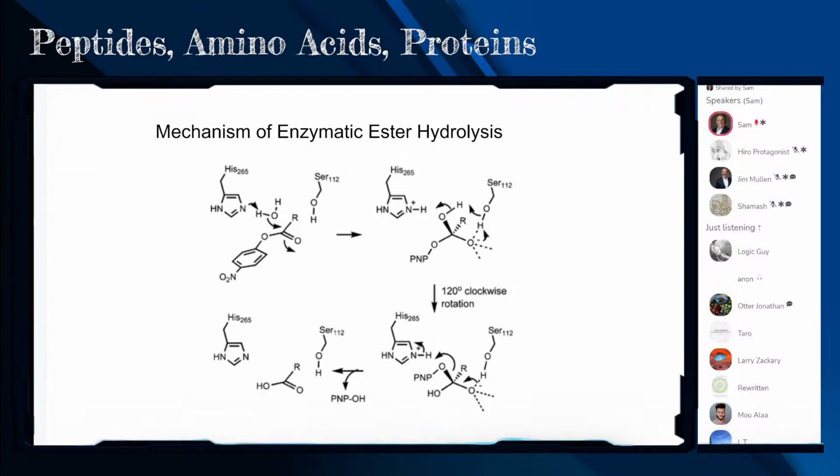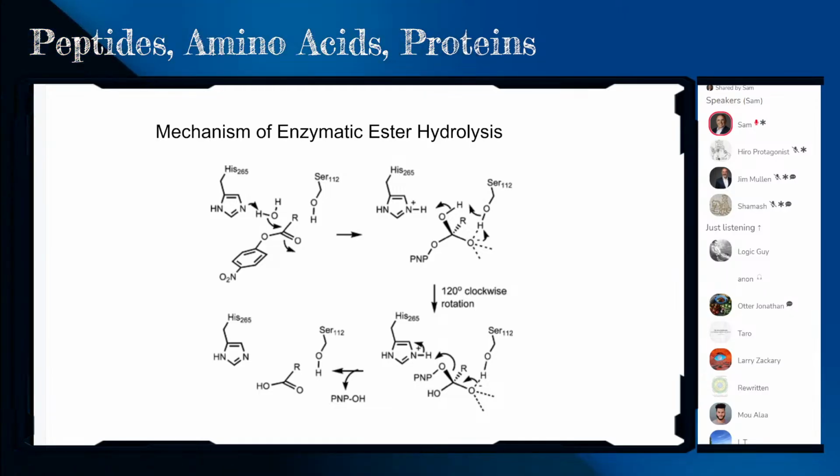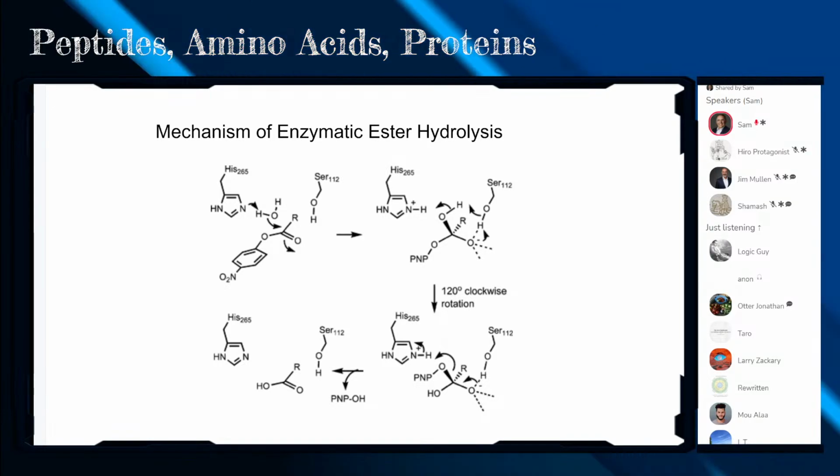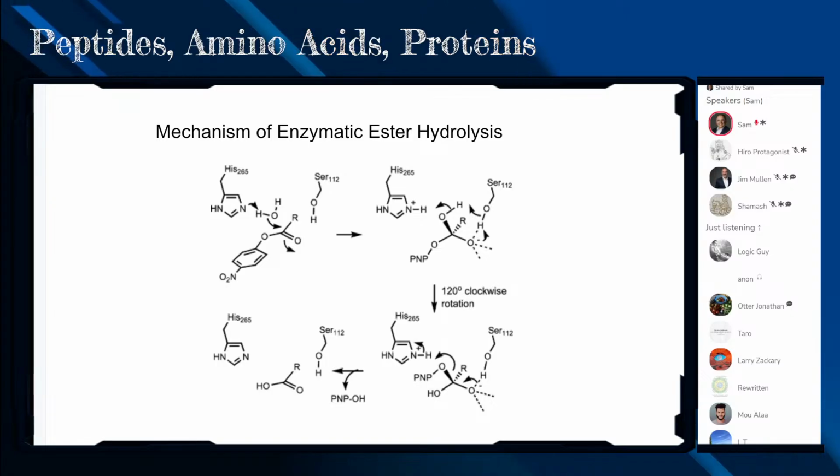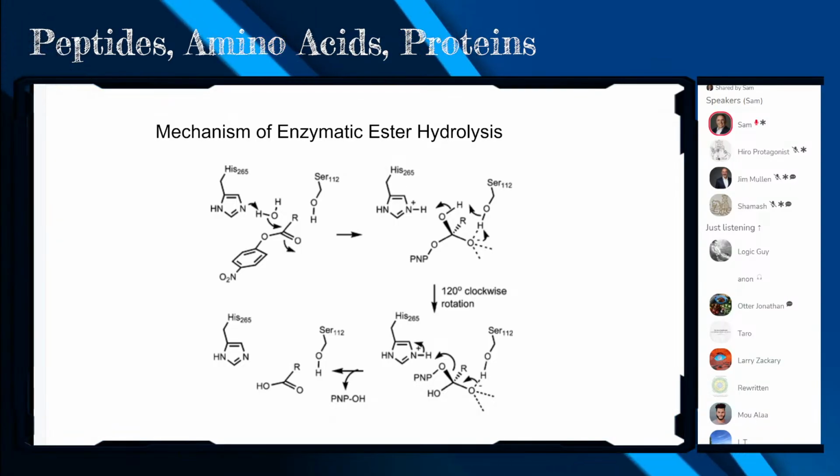On the O part, we have one hydrogen, and on the C part, we have OH. So this is exactly the same reaction that I talked about, but it is being catalyzed in a different way. And at the end, we get our histidine and our serine back in the original form that they went into the reaction.